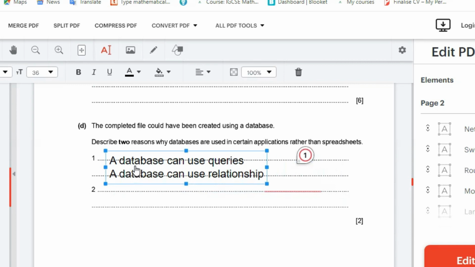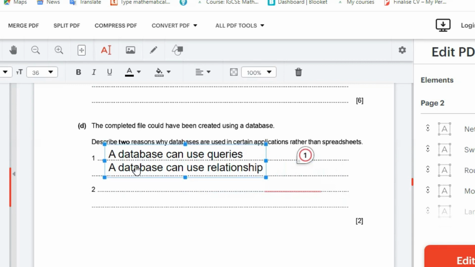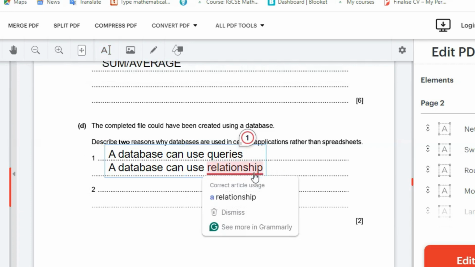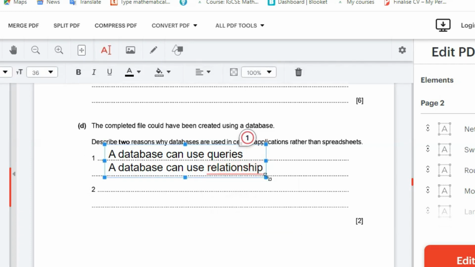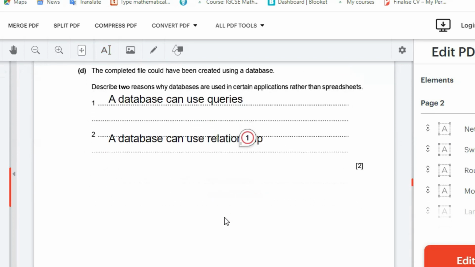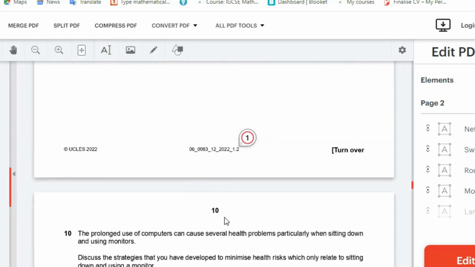A database can reduce data duplication. Also, a database is easier to create forms with. It is also easier to create reports using a database. All right.